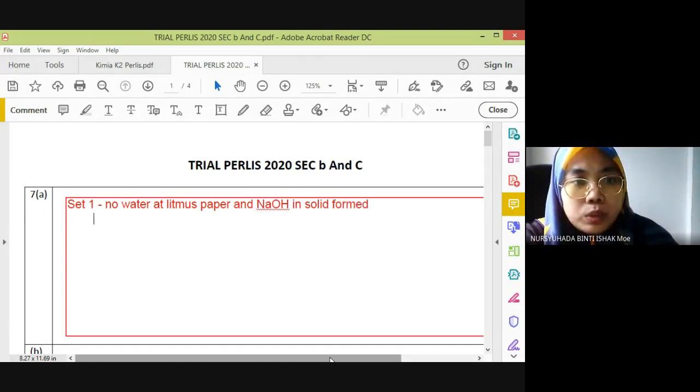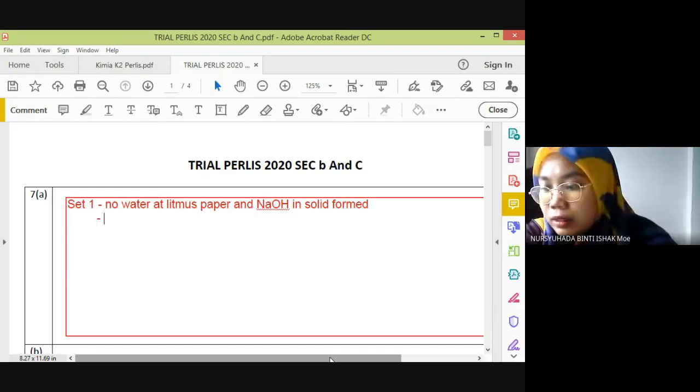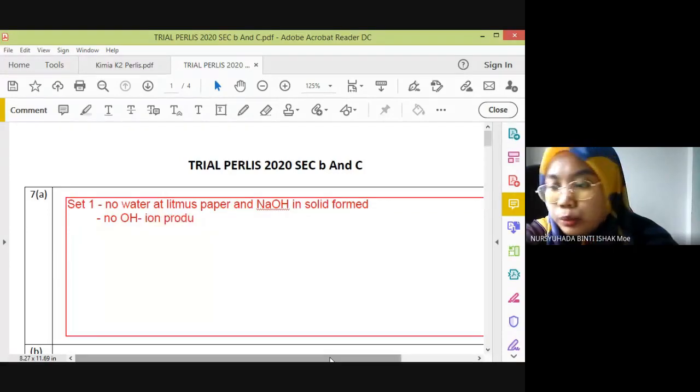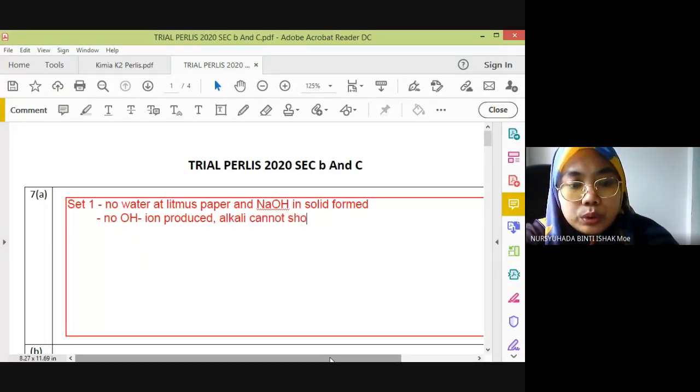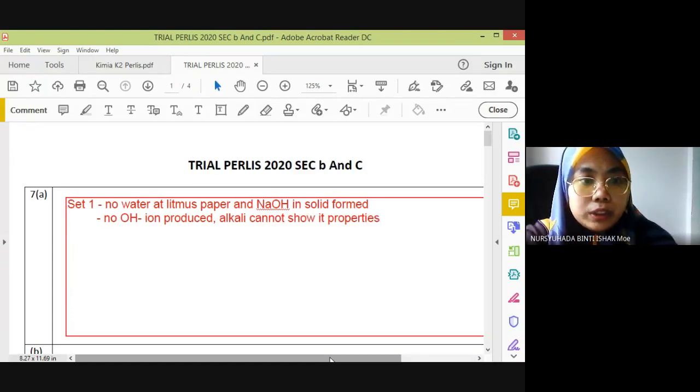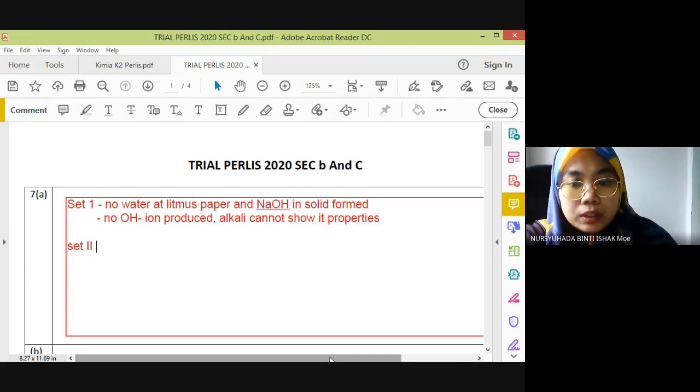Okay, so bila no water? Bila no water, no hydroxide ion produce. So alkali cannot show its property. Okay, that's why tak ada perubahan. So ini 2 markah.